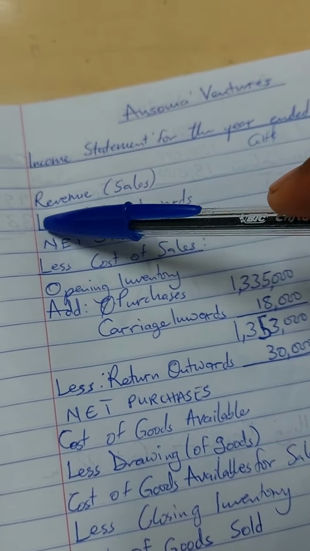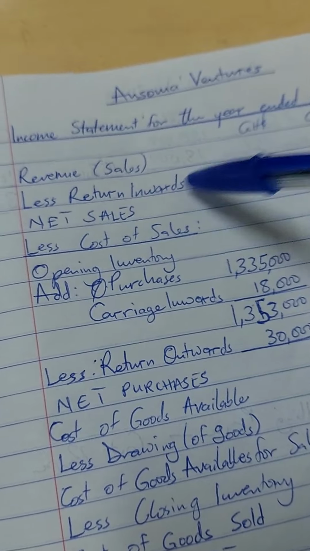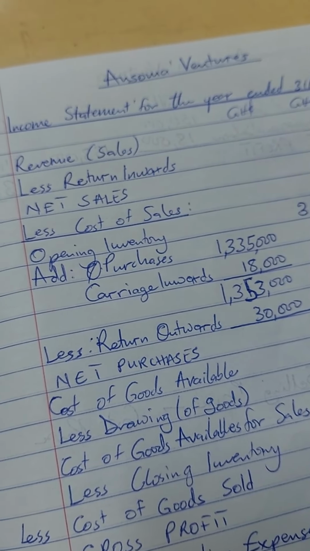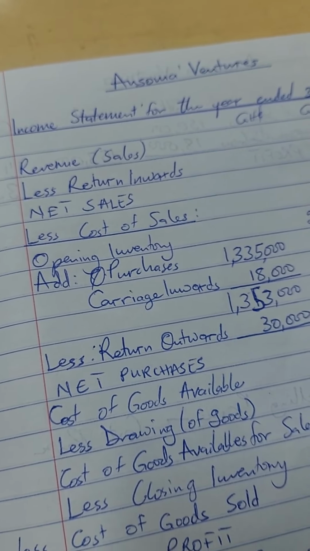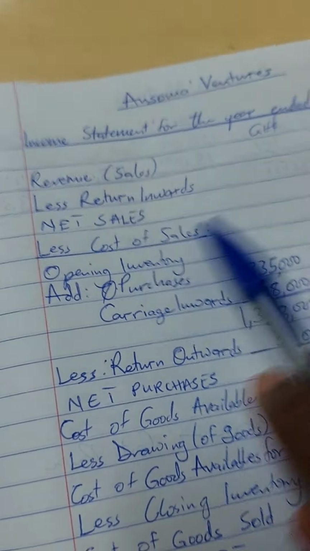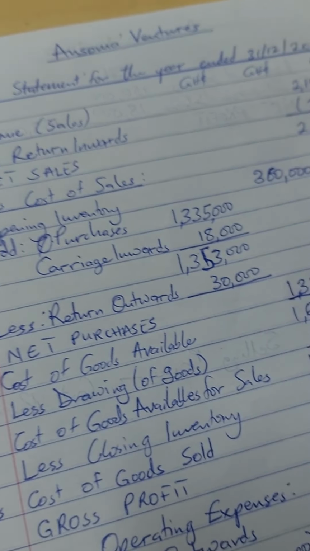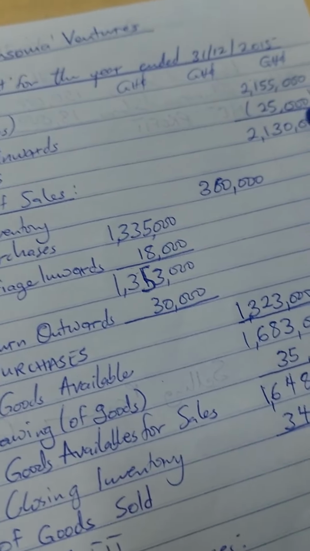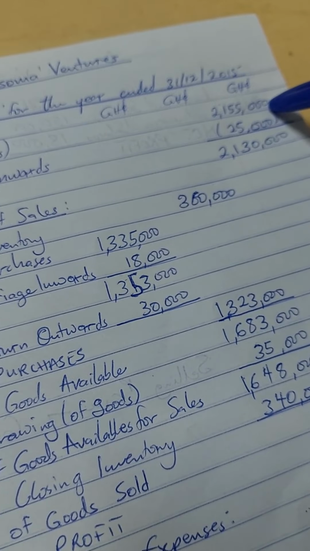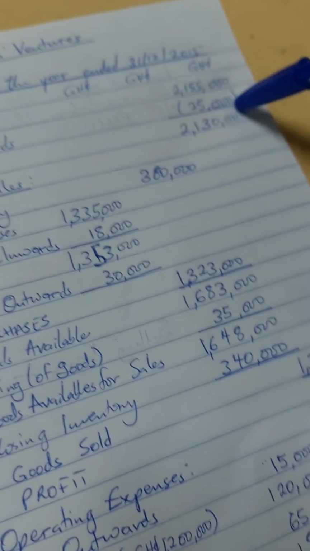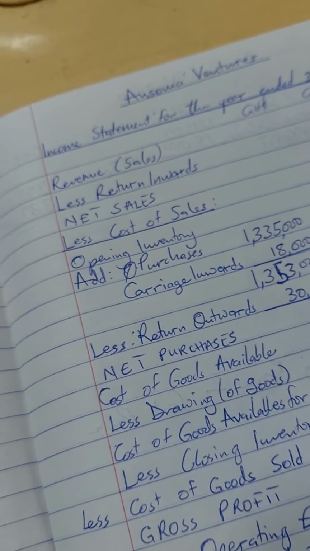So you less return inwards from the sales, which means you are subtracting the goods people have returned to the firm. What you get is your net sales. It means this is the actual sales figure, the actual goods you have sold, and not this one, because this one has a content that people returned. When you subtract it, this is what you actually sold, and we call it net sales.